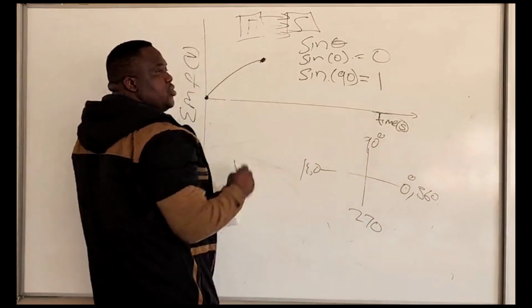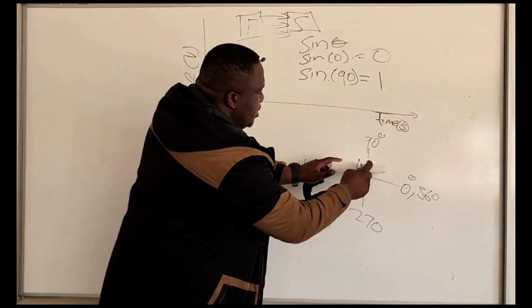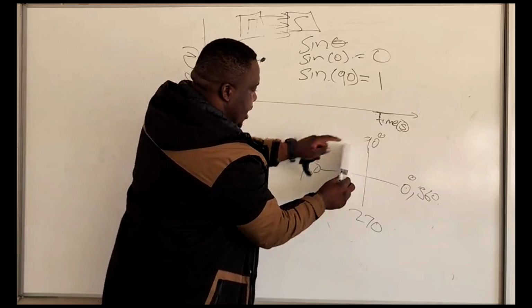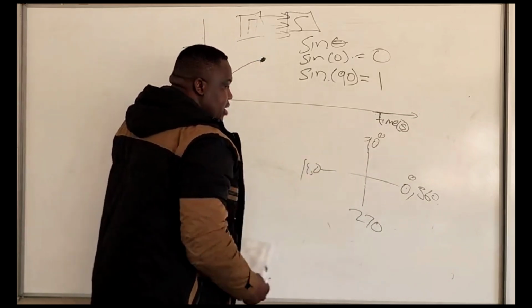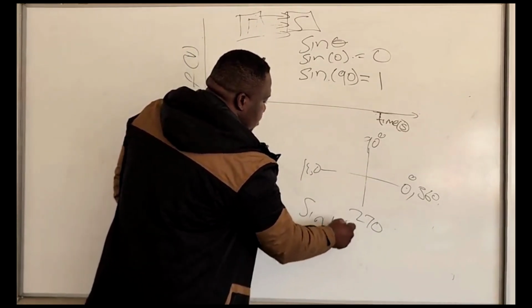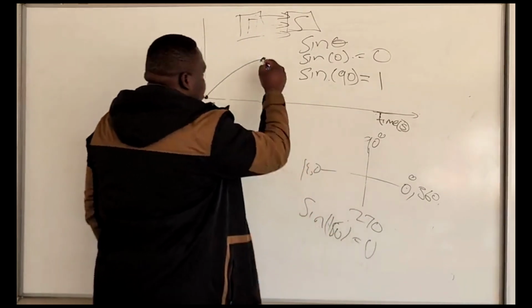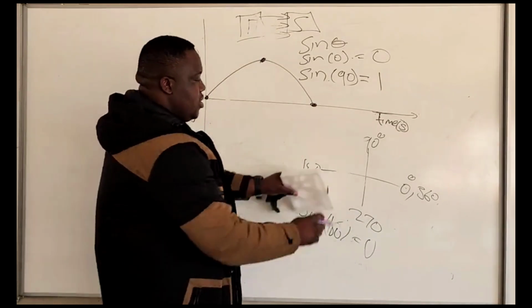Myself, I prefer to draw it up. Okay? It went to 90, then it turned like this, coming to 180. Sine 180 is equal to 0, meaning that it will come down. It will become 0.